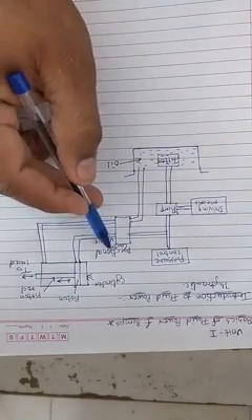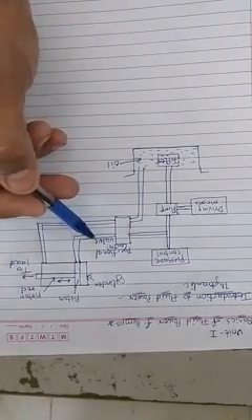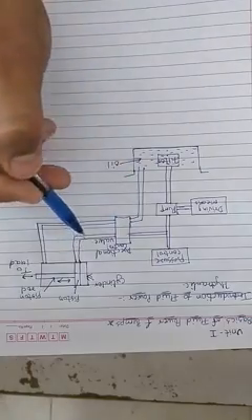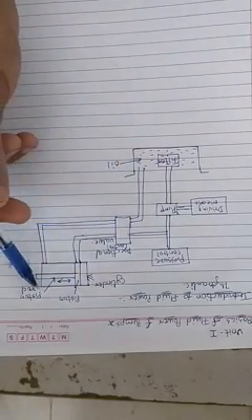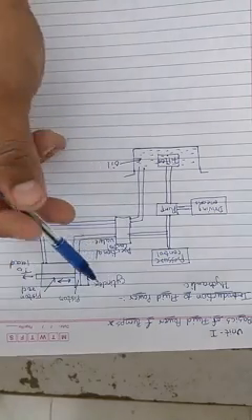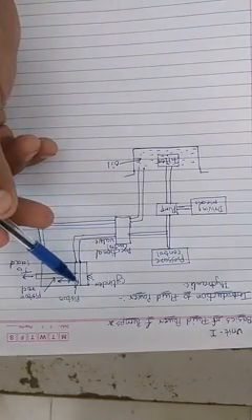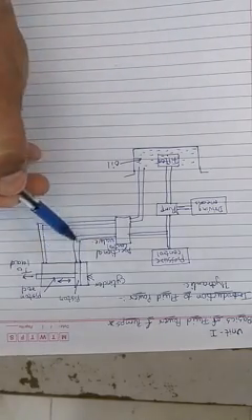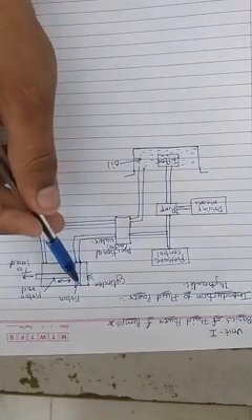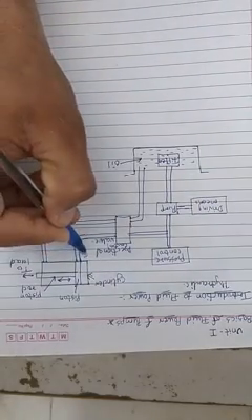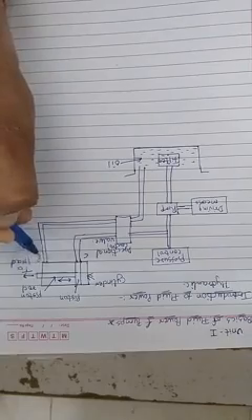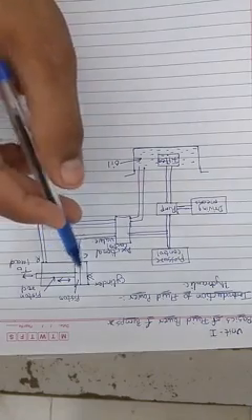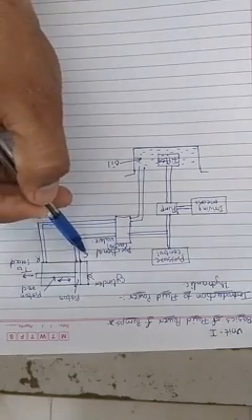Then there is a directional control valve. In the directional control valve, there is flow direction to the system or to the cylinder, double acting cylinder or single acting cylinder. Okay, then this flow goes to the cap end, and this is the rod end, or we can say the side of the piston.